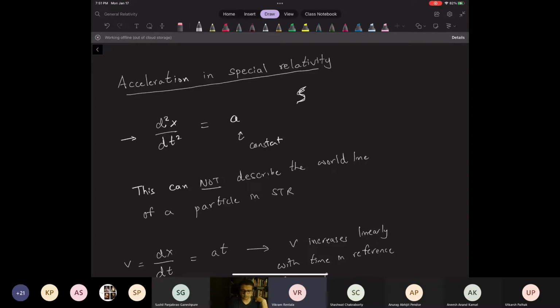It means d²x/dt² in that inertial reference frame is a, and this a we'll assume is a constant. This kind of equation, with a constant acceleration, cannot be consistent with special relativity for all times. It can be true for some instant of time, but it cannot be true at all times in the reference frame S.